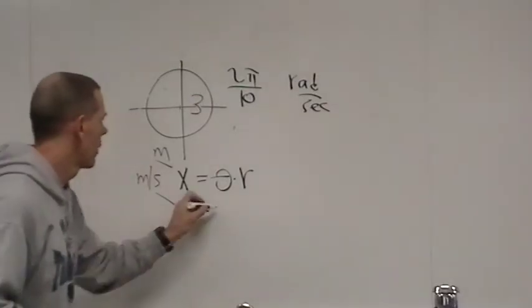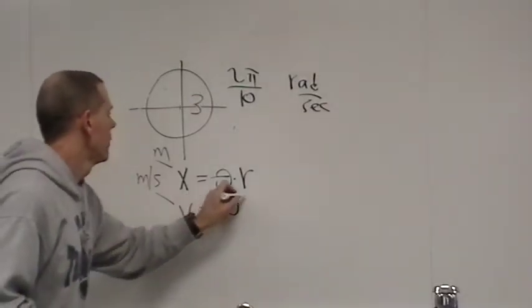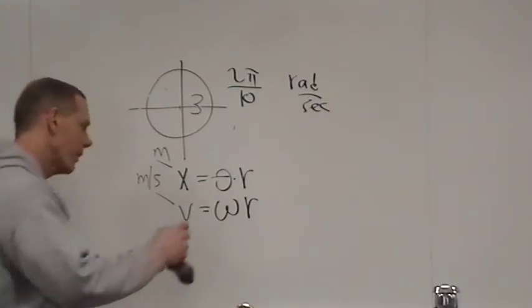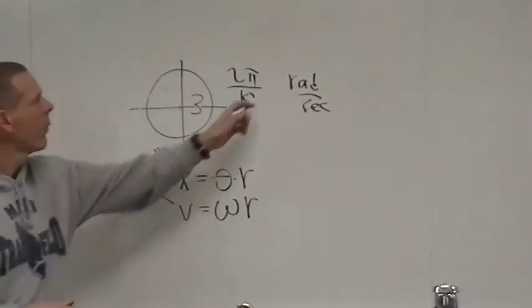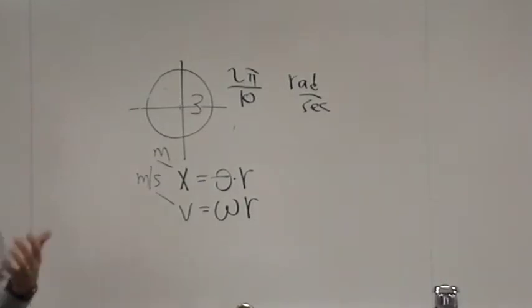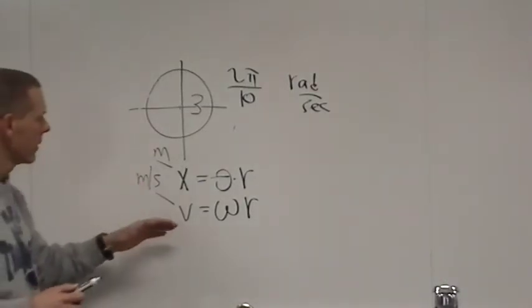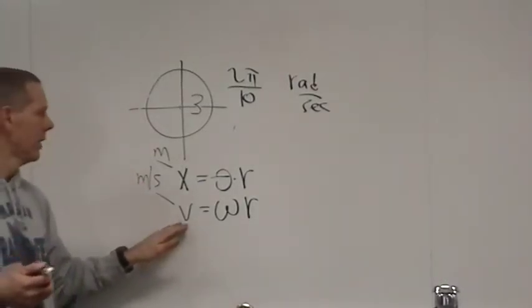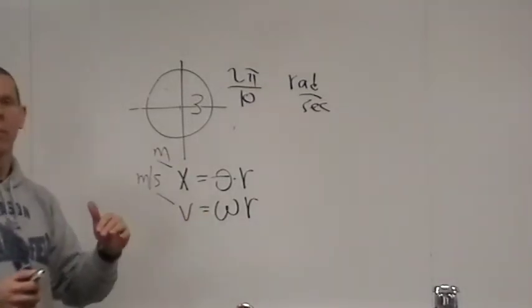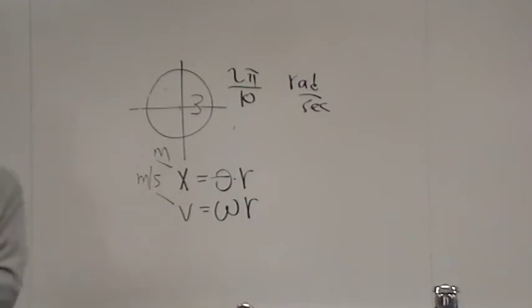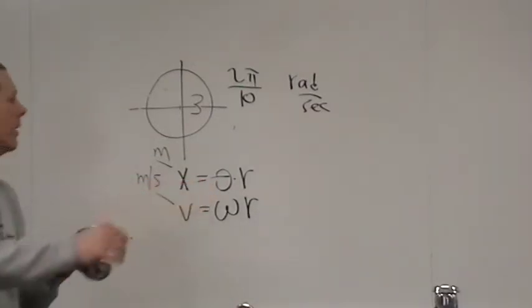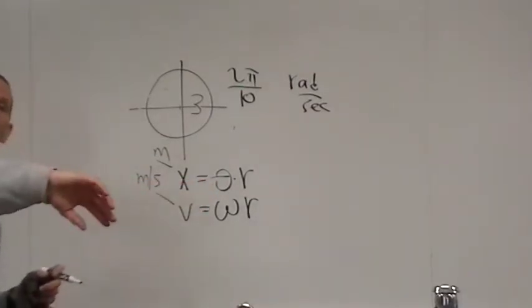In fact, they are exactly off by a factor of r. Now I just introduced a new symbol to you. That is omega. That's exactly what we measure when we measure radians per second. So how fast you're going linearly, that's called velocity, you're used to that. This is new, it's a lowercase omega, but it's measured in radians per second. Again, it simply measures how often are you spinning around versus how fast you have to run to keep up with that spin.